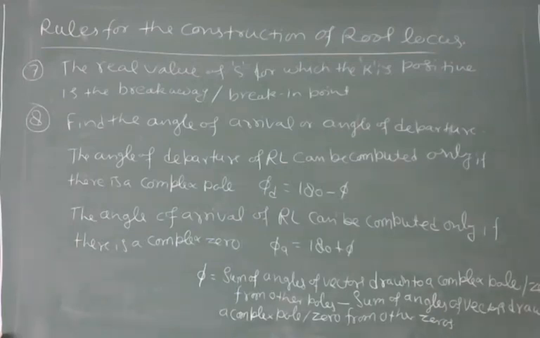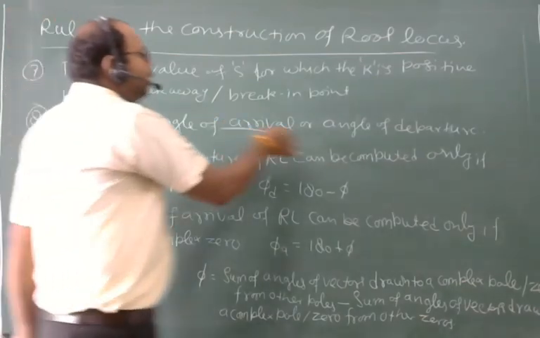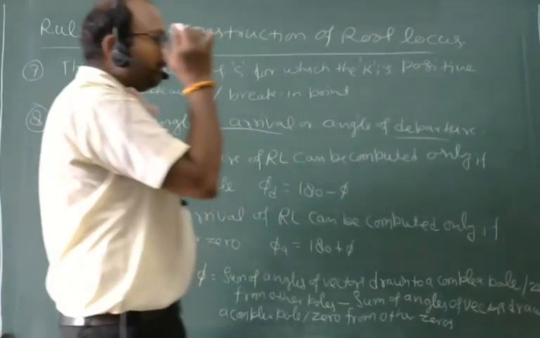And in this way we can find the angle of arrival and angle of departure. They can be computed only if there is a complex pole or complex zero. It means in case of complex roots of the open loop transfer function, we will find the angle of arrival and angle of departure.